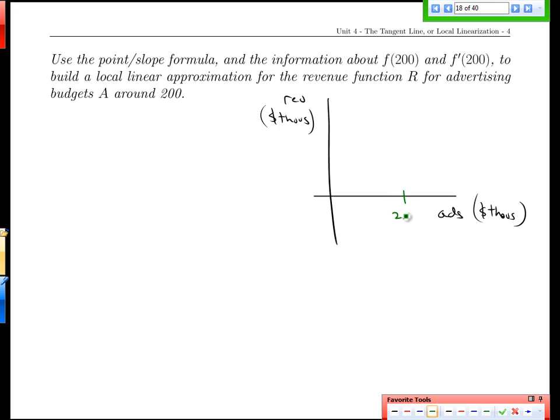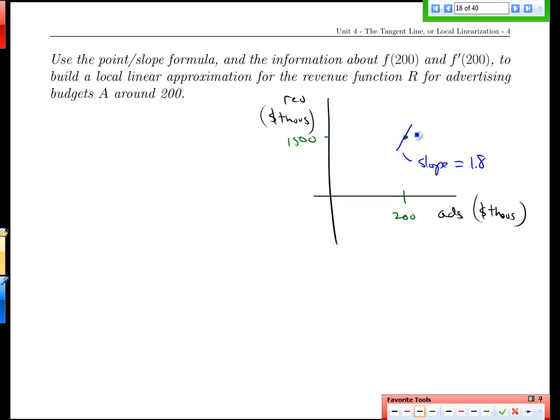We know that at $200,000 in advertising spending, we are at $1,500,000 in revenue. So there's a point on the graph. I don't know what the graph does, but I know it goes through that point. We also know that the derivative at that point was 1.8. So we can add a feature on here that the slope is equal to 1.8.